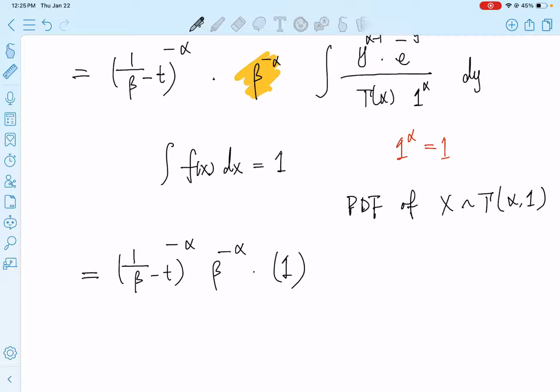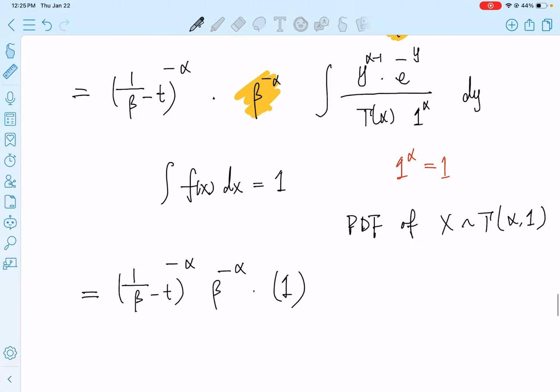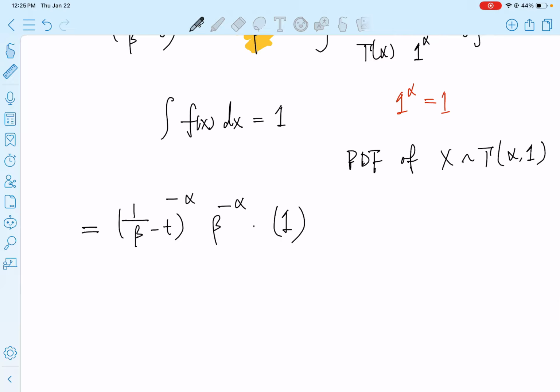Okay, this is like the probability of all possible events. You sum them together, you will get a probability of 1. So the thing inside the integral is another probability density function for a particular alpha and beta that will integrate to 1 no matter what, and then we will have the following.